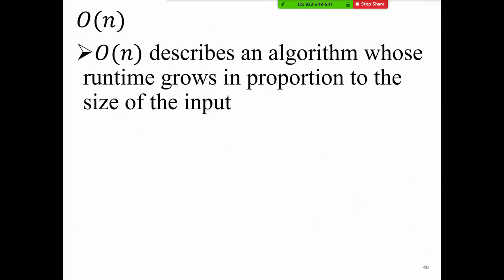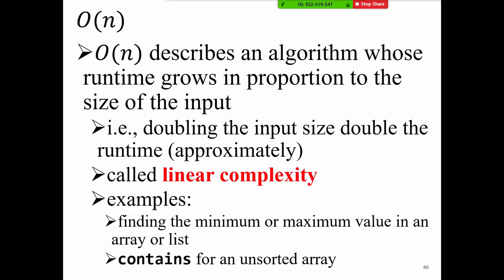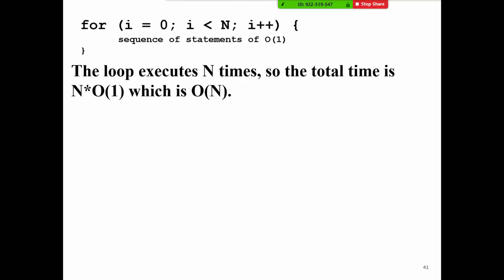O of n is a linear time complexity. We call it linear. Contains on an unsorted array is the example that we discussed at the beginning of this lecture. In contains, we have to visit all the elements, and once we find the element, we return true. Finding the minimum or the maximum value inside an array or a list is also linear time complexity.